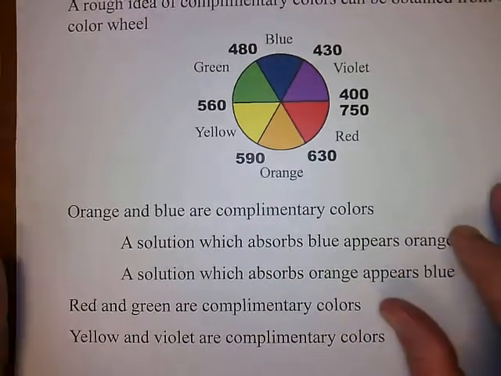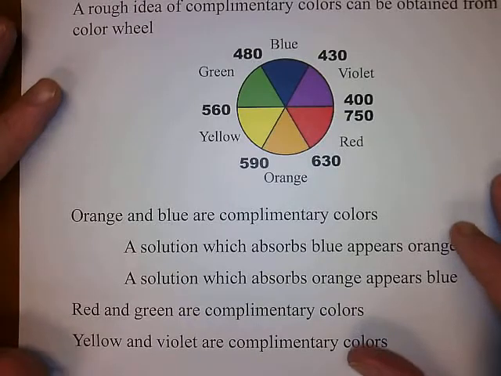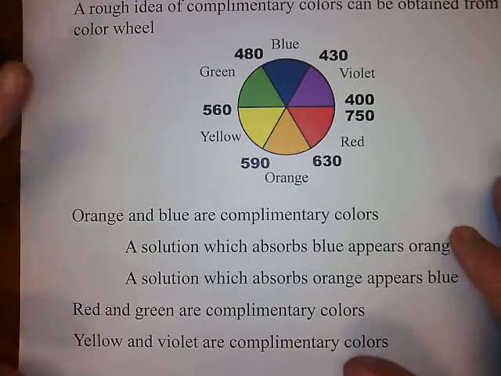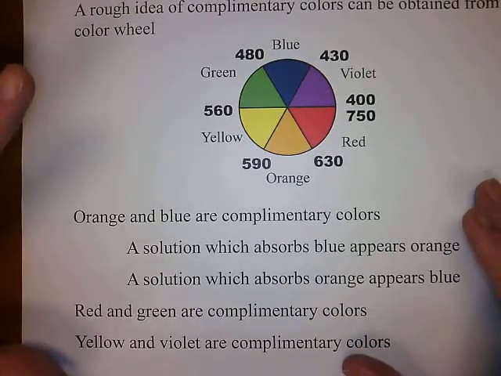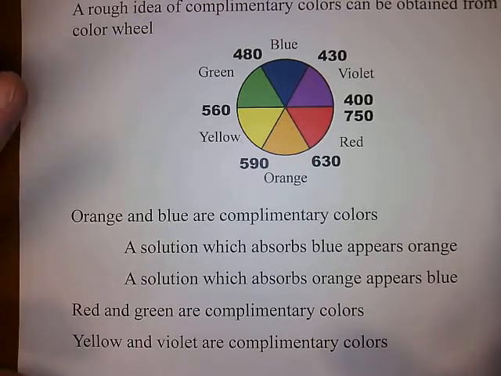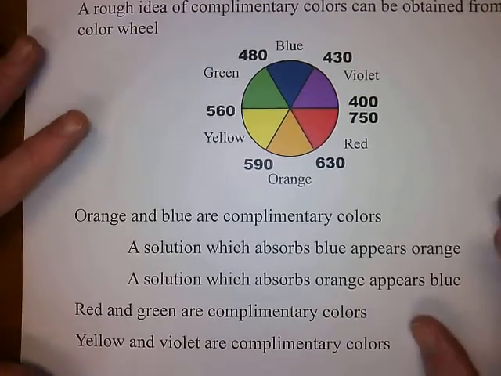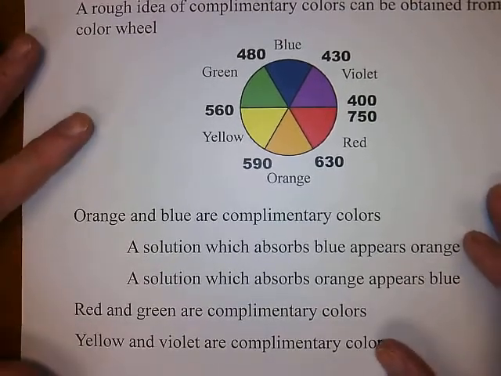Now you have to understand too that a compound appears colored only if it absorbs in the visible region of the spectrum. If it's not absorbing anything in the visible, it's not going to be colored. Sometimes, like I said, these absorptions can be broad.